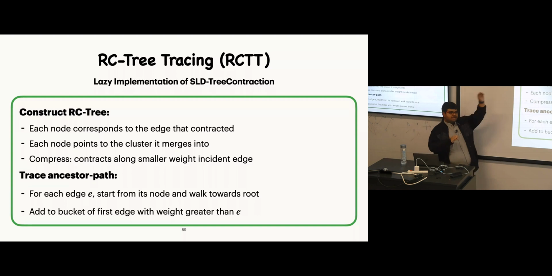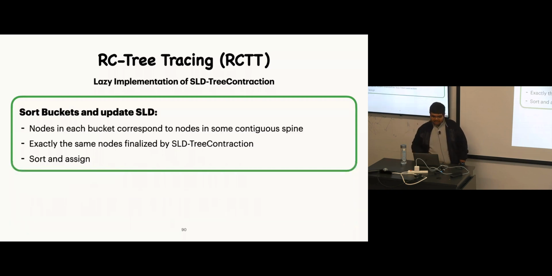And you maintain for each node the bucket of edges that actually get removed at that point, right? Given these buckets, these edges correspond exactly to the nodes that were filtered out from the heap that we talked about before, right? And we can just do the same thing as before, sort and assign the parent pointers.